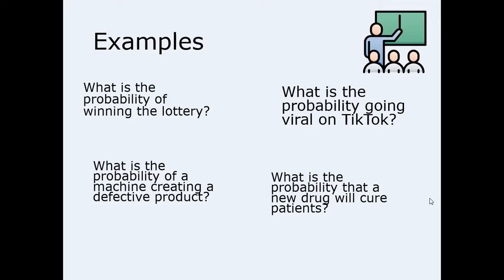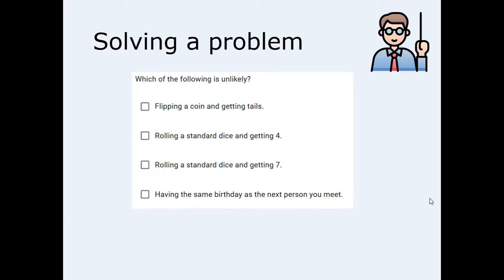Or again, in the healthcare realm, if you're developing a new drug, you're interested in the probability that this drug is going to work. You can assess whether a drug is useful and is doing its job based on probabilities. So again, all that to come.